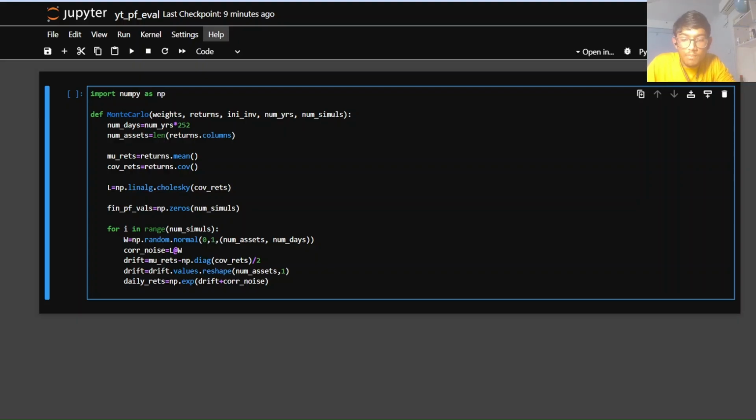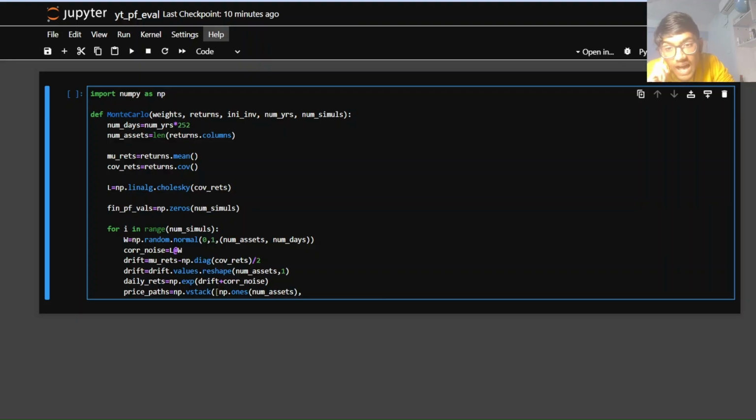So to get this stacked matrix, let's define our matrix to be price paths, right? This price paths is just a vertical stack of, initially you have ones in your row, so np dot ones num assets, and I'm vertically stacking this with our daily returns.